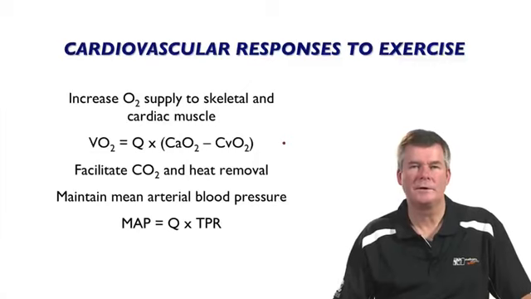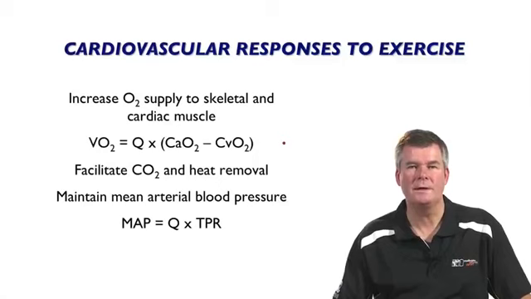In this lecture, we're going to focus on the cardiovascular responses to exercise, and we'll look at both incremental exercise, where exercise intensity progressively increases, but also prolonged exercise at a given exercise intensity. The primary function of the cardiovascular system is to increase oxygen supply to the skeletal and the cardiac muscle.